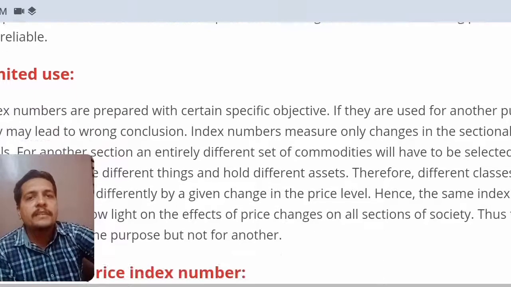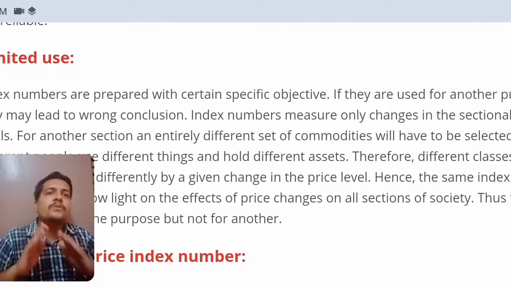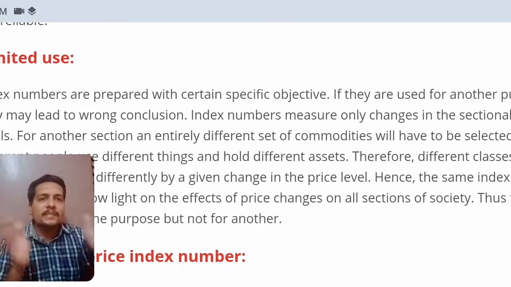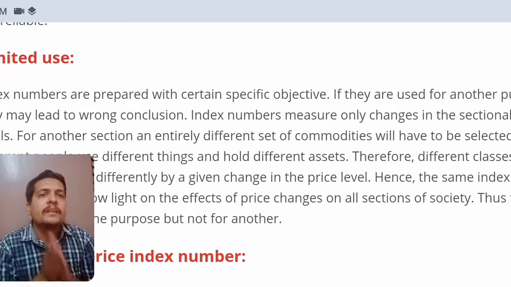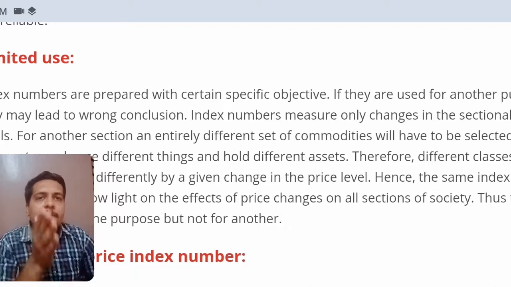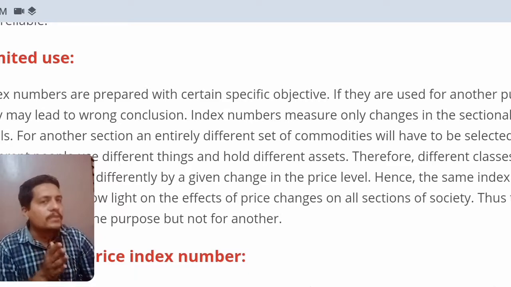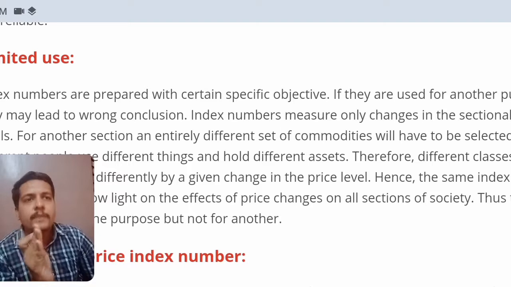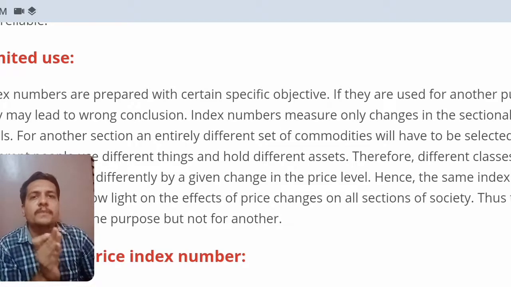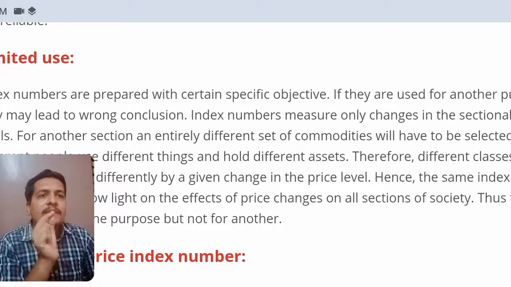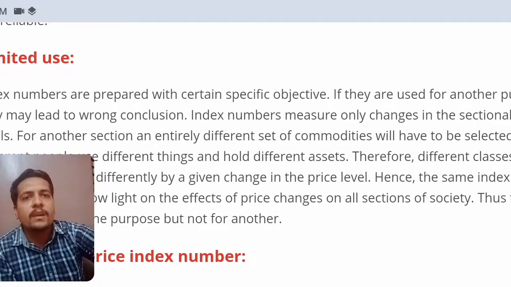After that, limited use. This is very much important. The use of index numbers is specified or very limited. If index numbers are prepared with a certain specific objective and are used for another purpose, they may lead to wrong conclusions. Index number measures only change in the selection of price level for one section.